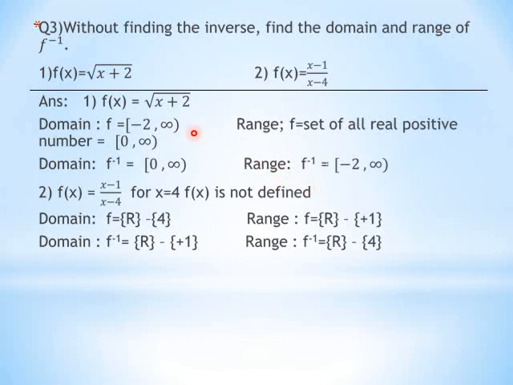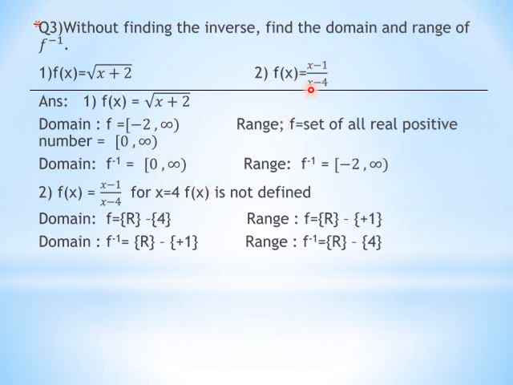Look at this. The domain of this will be the range of the inverse. Okay, and 0 to infinity. Why? Because it is the range of all positive numbers, that is 0 to infinity, so it will be the domain of this, and the same as here.